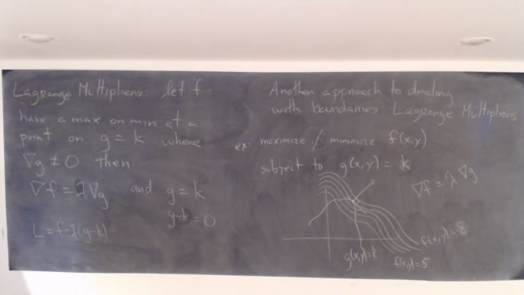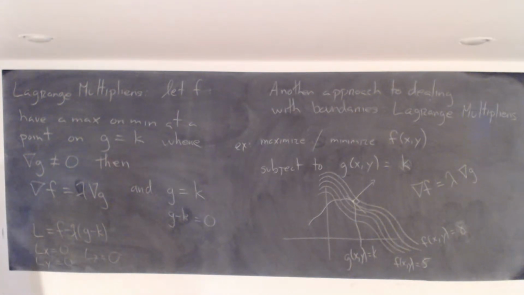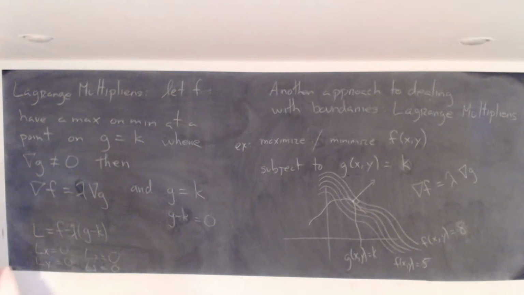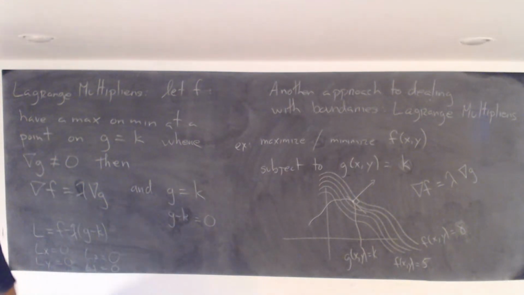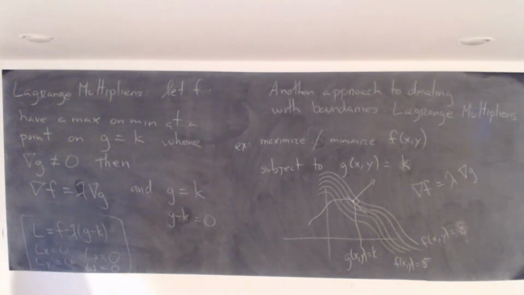And in that case, you require the point to be a critical point. So Lx should be 0, Ly should be 0, Lz, if it's a function of 3 variables, should be 0, and L lambda should be 0 again, which is really the condition that g equals k. So again, the point is, some books introduce this. Our book does not, but most books do.